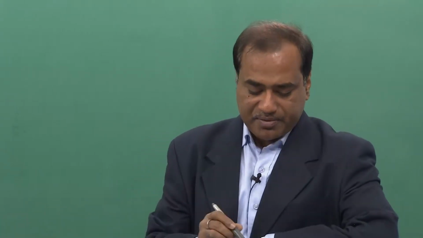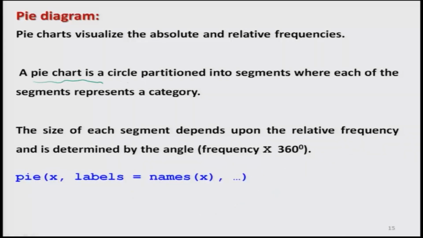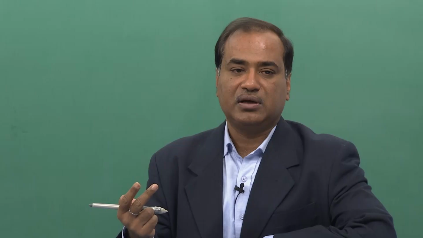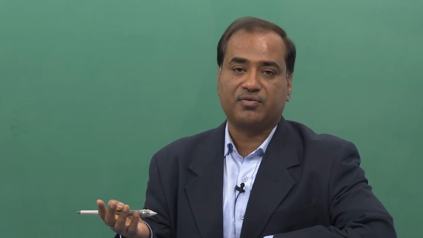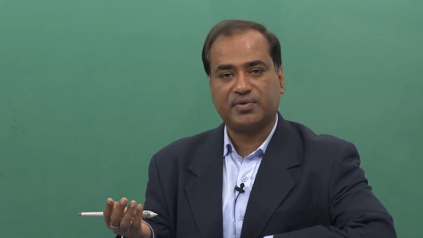So a pie chart is essentially a circle which is partitioned into different segments, and every segment represents a particular category. For example, if I have 2 categories, as in the example of male and female, I will have 2 segments inside a circle. Similarly, if I have data with 5 categories, then there will be 5 partitions, indicated by different colors and different values.